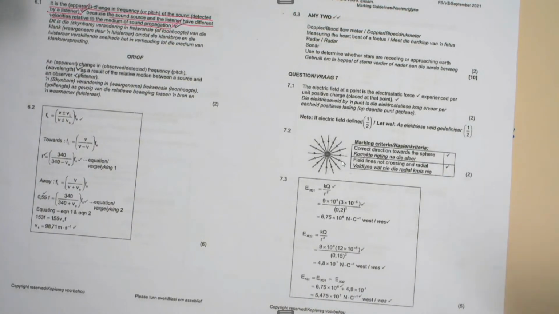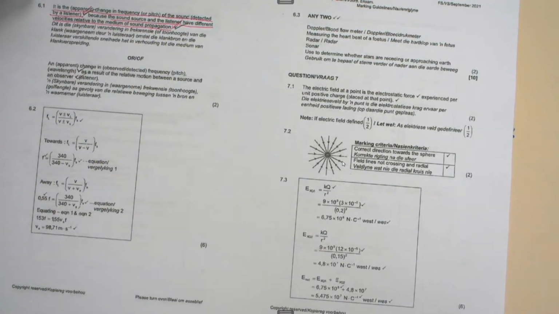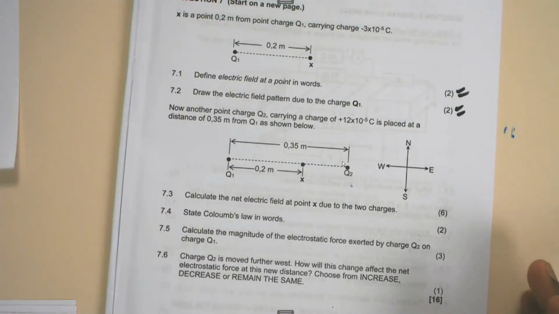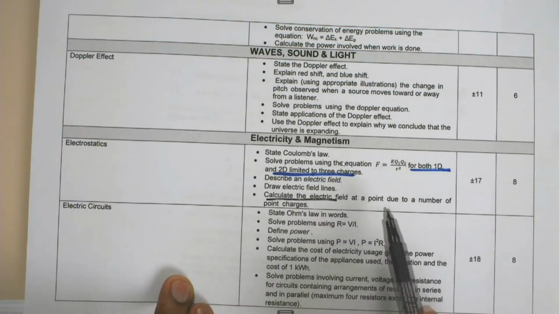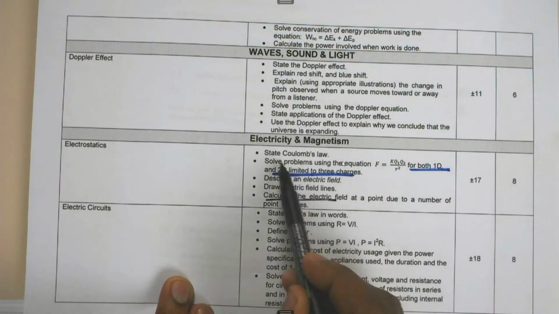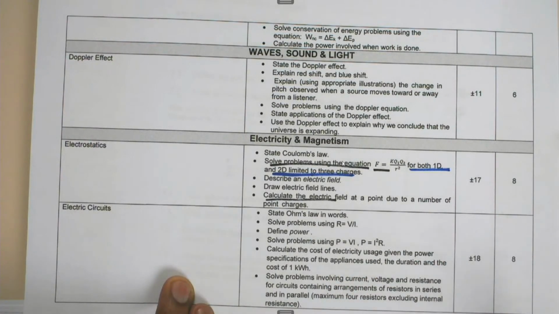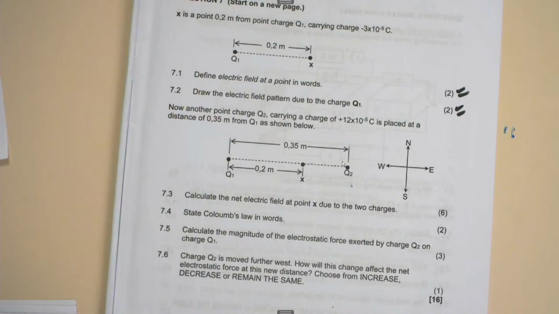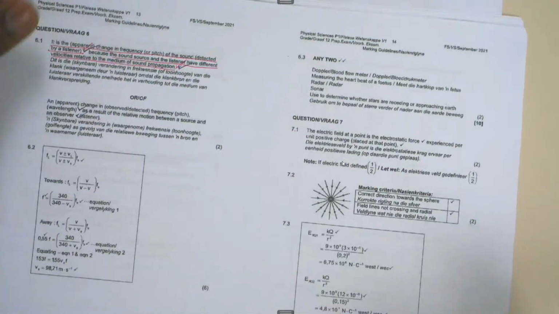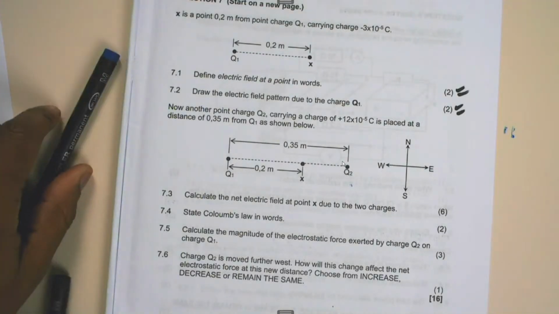So where do I need at least another 4 marks? I need the other 4 marks in either using the electric field or solving problems using Coulomb's law. That is what I expect to be assessed on as per the plan of the examiner. So that will be the easy way of getting marks on this particular question.